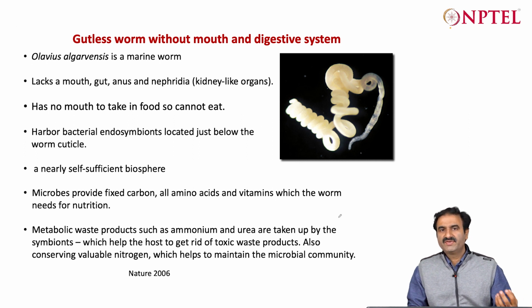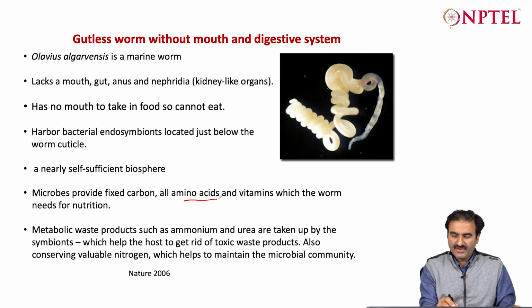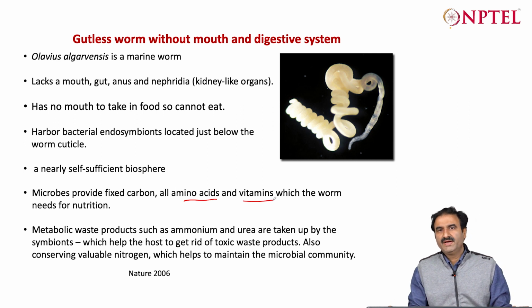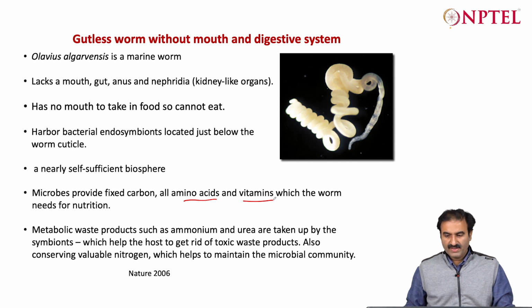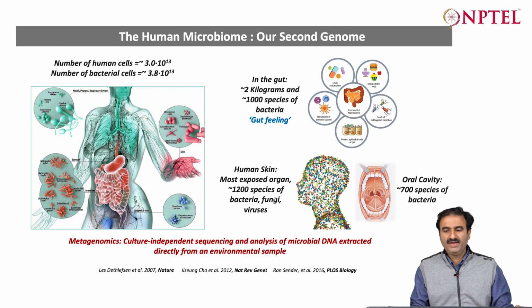With some of the starting material from when it is born, those microbes are recycling all that material, fixing the environmental nitrogen and making all the amino acids and vitamins that this worm needs for nutrition, and it survives with a system which is recycling all the waste products and surviving on a minimal amount, right? So the microbiome of such a system will be very interesting to know, right?